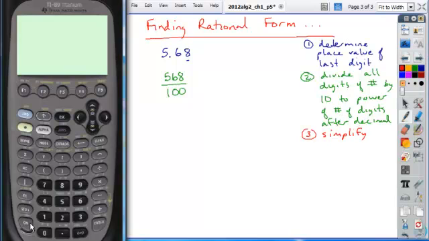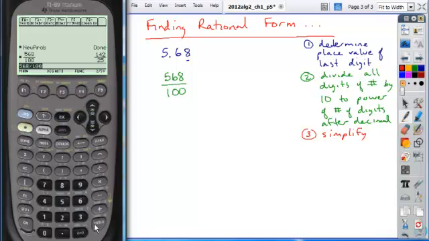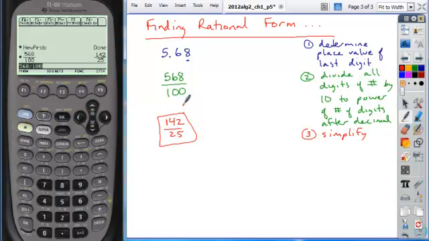So if I simplify in the calculator here, 568 divided by 100, hit enter, and it simplifies for me to 142 over 25. Okay, so does this fit the description of a rational number? Yeah, it's a ratio of 2 integers. 142 and 25 are both integer values, so it works here.